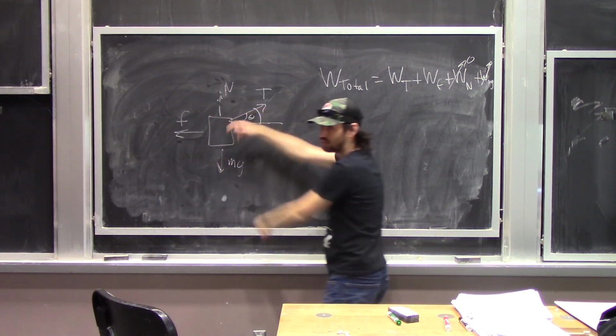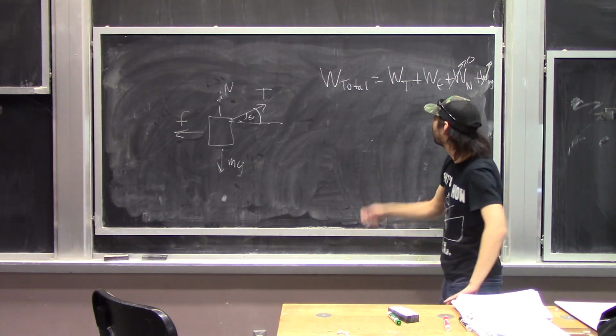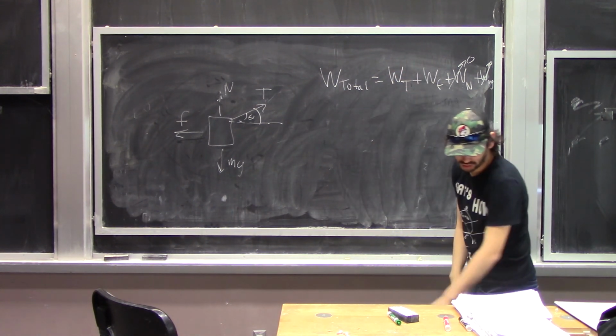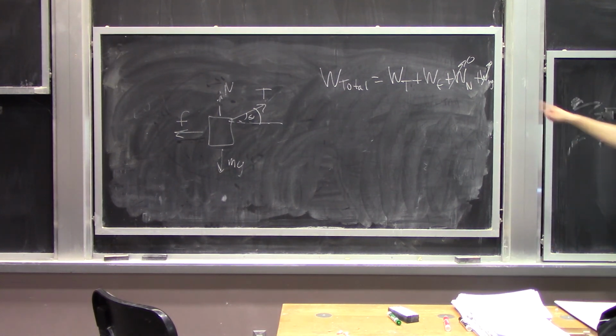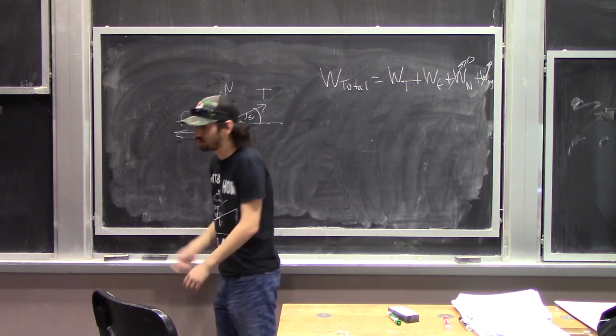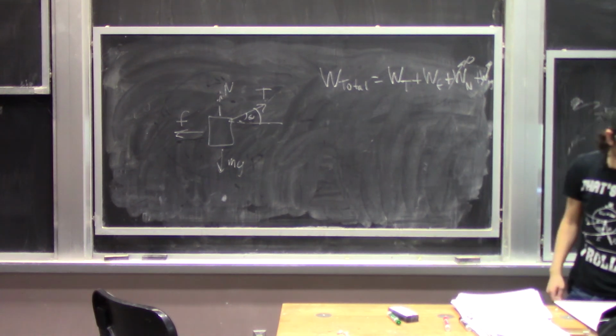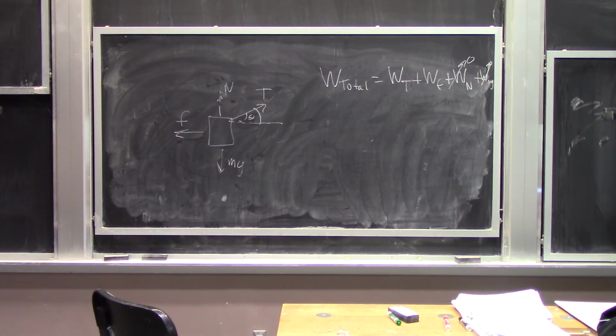Same thing for the force of gravity. Now we're left with these two. We already calculated the work done by the tension, but we need to figure out the work done by friction. Unfortunately, we can't explicitly calculate the force of friction unless we reverse engineer this first, because we don't know the coefficient of friction.